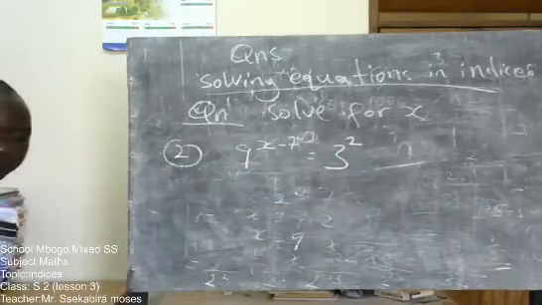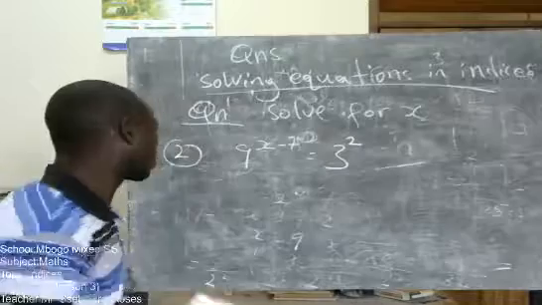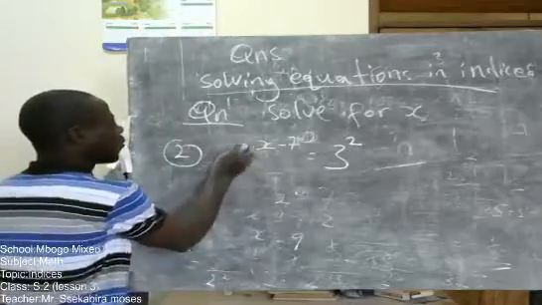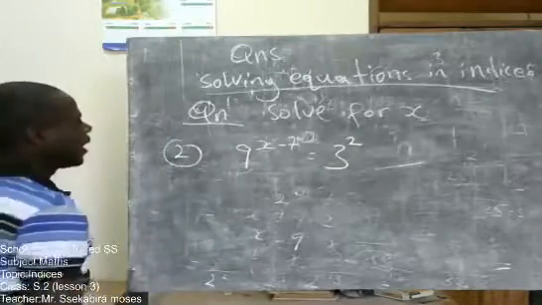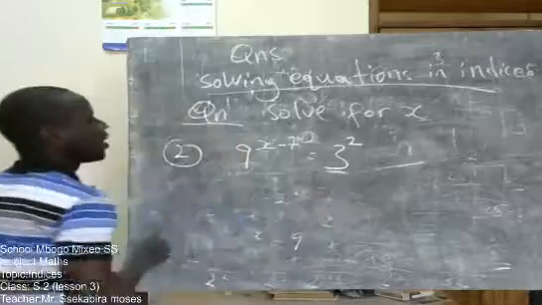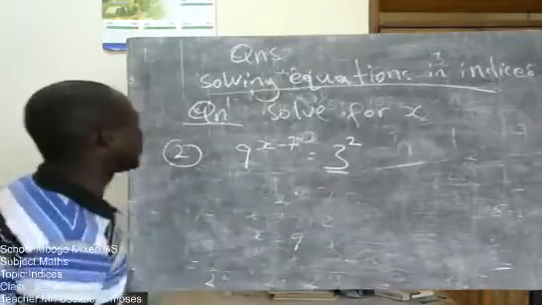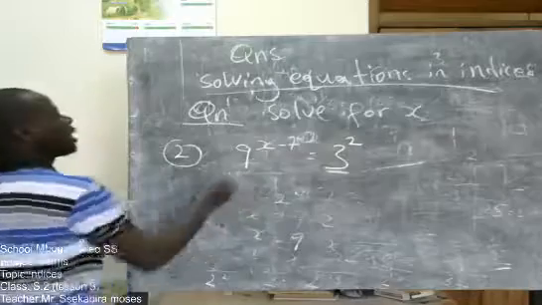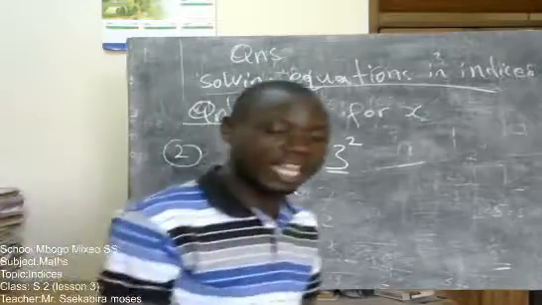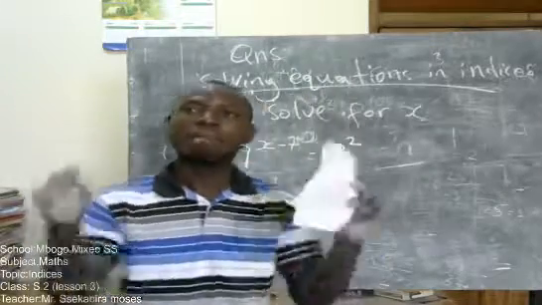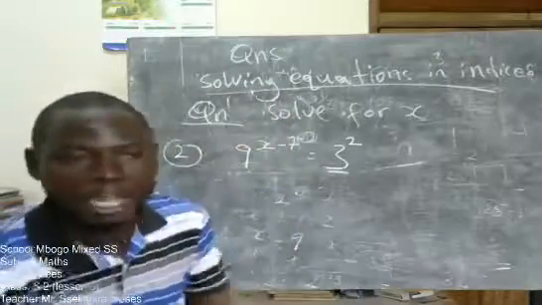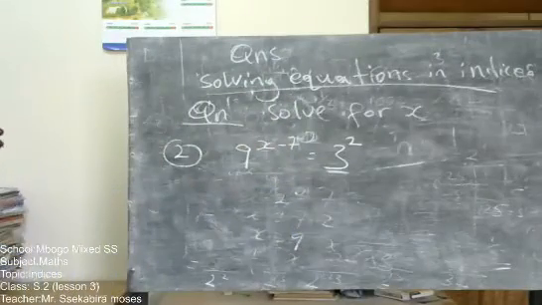Solve for x. Let us pay attention. We have a 3 here on the right hand side. The base is a 3, but here the base is a 9, and we said that the base must be a prime number.